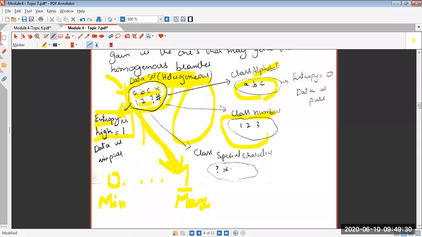So entropy is across a spectrum between 0 to 1, where 0 is min and 1 is max. Now you may ask a question, what if I get a value 1.1, 3.1? Yes, you can get these values in computation, but if that is the case, you will take it to the maximum boundary, that is 1.